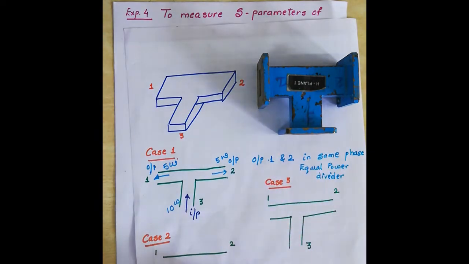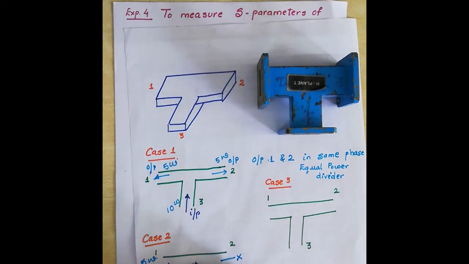Say I am giving 5 watt of power from port number 1. I do not get any power output from port number 2, but that power goes into port number 3 as it is. Why?